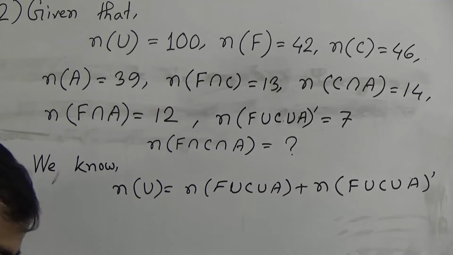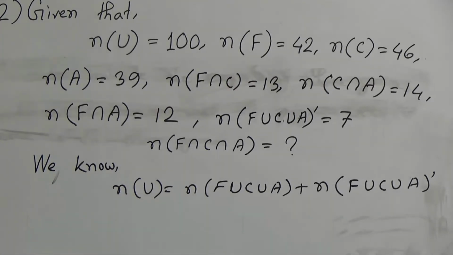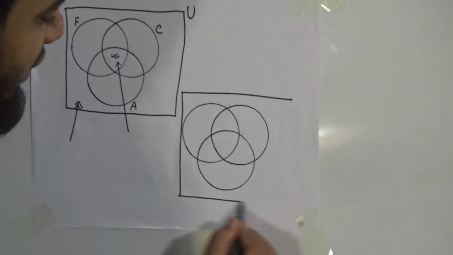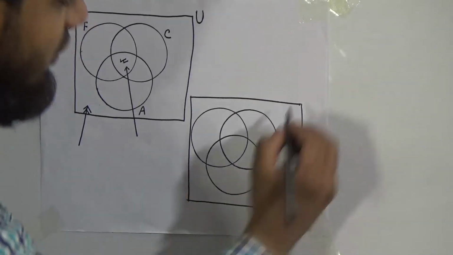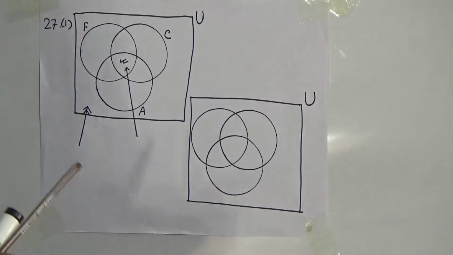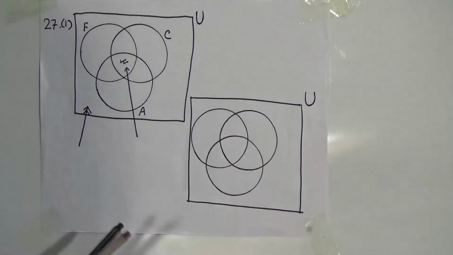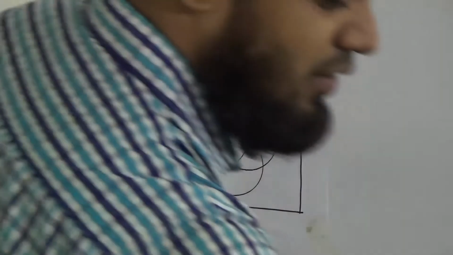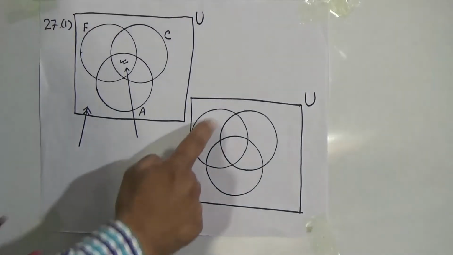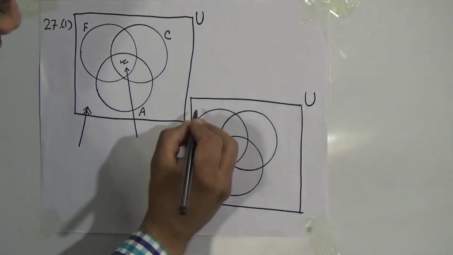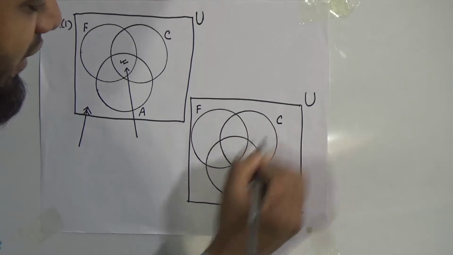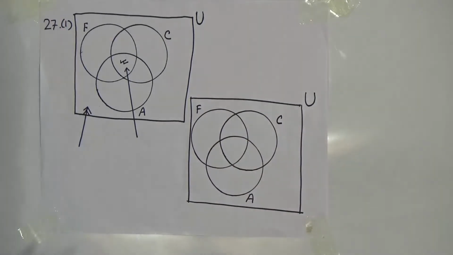I will show you again, my dear students. This is another figure I have drawn here for your better understanding. This is the set U, and these 3 sets indicate: this is the set F, that means football, this is cricket, and this is the set A, which means chess.